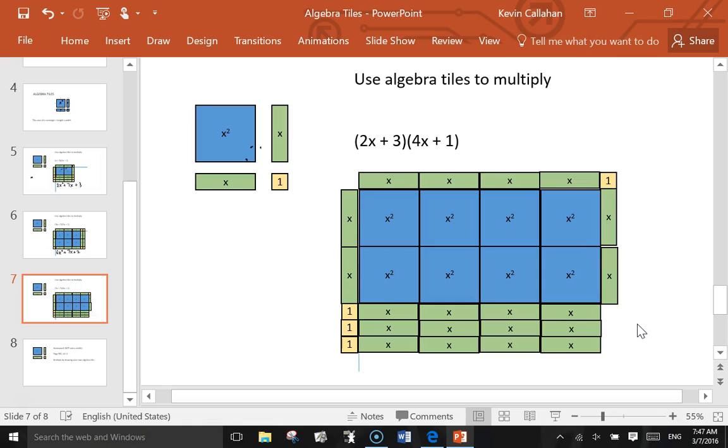Okay, and then what's the last thing to fill it all in? I need 3 1s. So I need 1, 2, and 3.